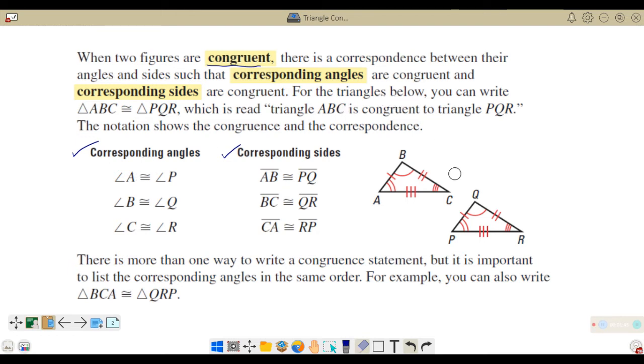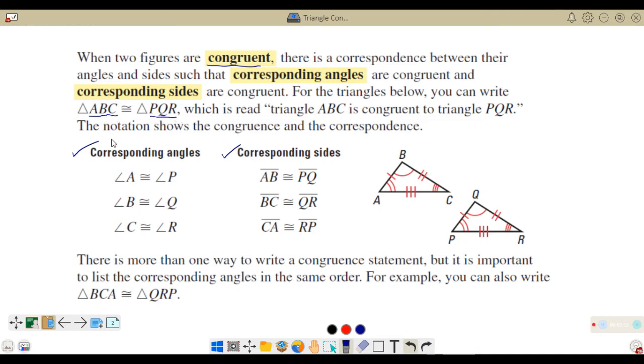So for the triangle below, we have triangle ABC and triangle PQR. Triangle ABC is congruent to triangle PQR. The notation shows the congruence and the correspondence. So, paano nyo napakita yung congruence and correspondence at the same time? Look at the arrangement of the letters in the two triangles.